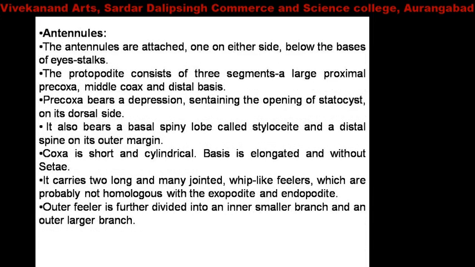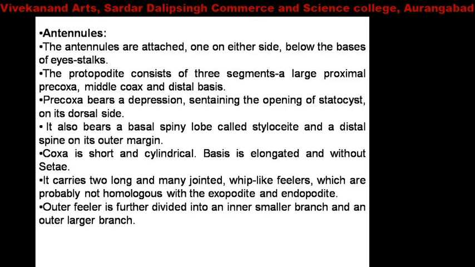So one by one we discuss the pairs of appendages. First one is the antennules. Antennules are different and antennae are different. So the antennules are attached one on either side below the bases of the eye stalks.